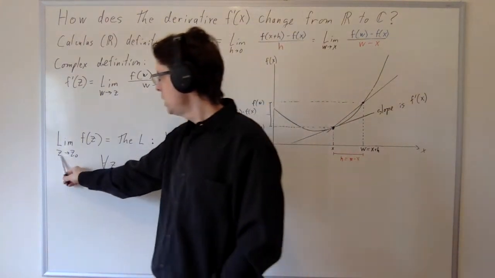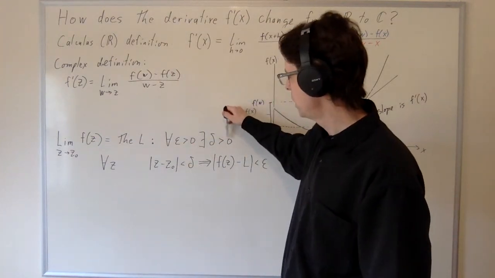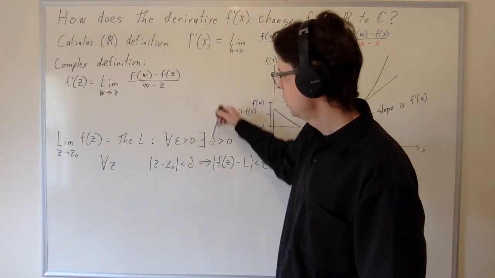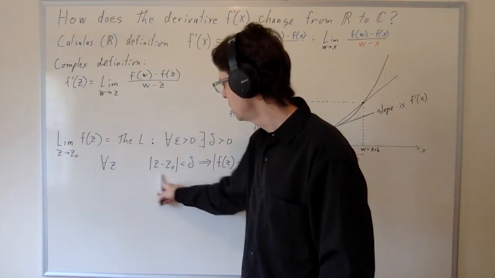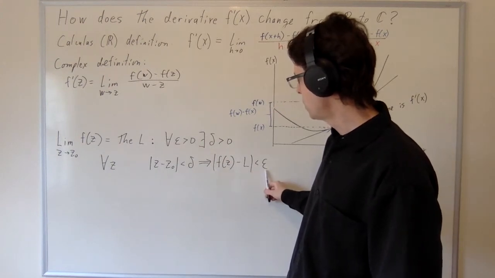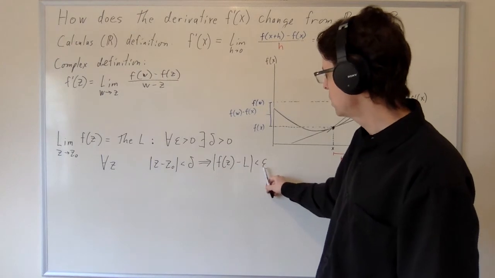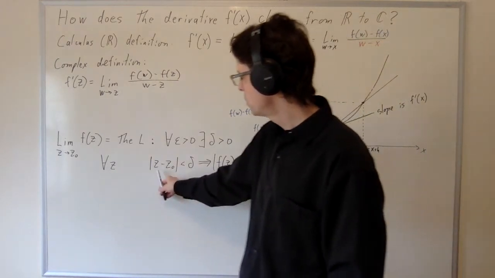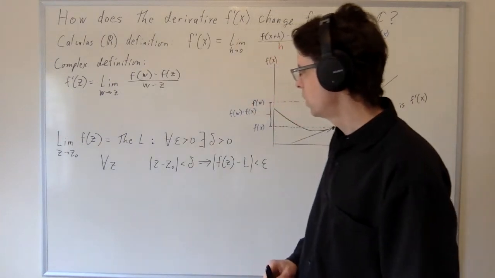So long as z is close enough to z naught, that proximity is measured by delta. There is some proximity so that if z is that close to z naught, then indeed f of z will be as close as required to L. So we will get f of z within the proximity epsilon from L, so long as z and z naught are no farther than delta apart.